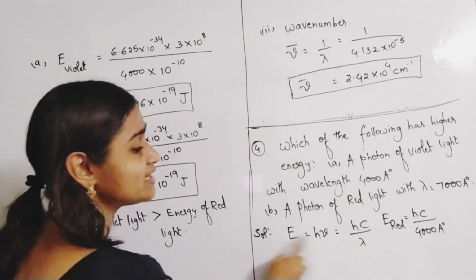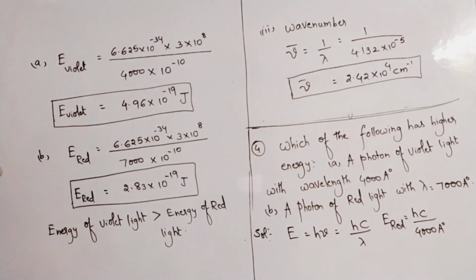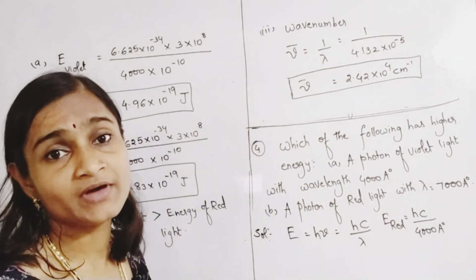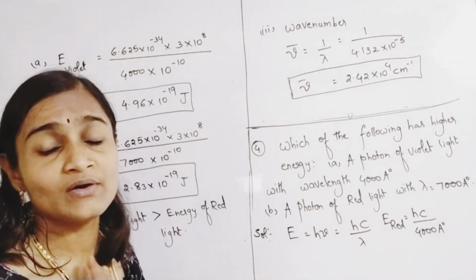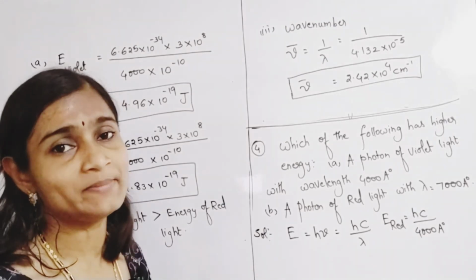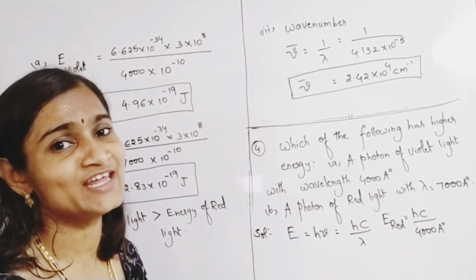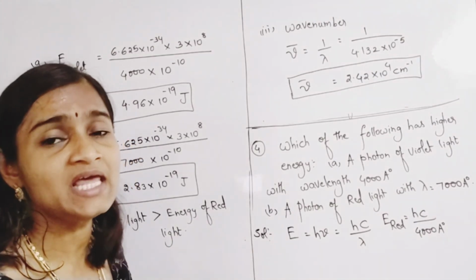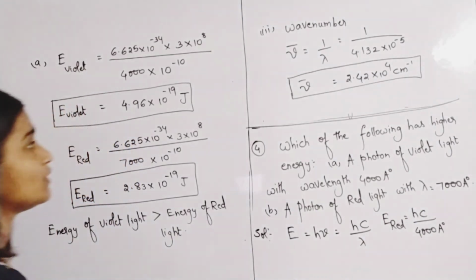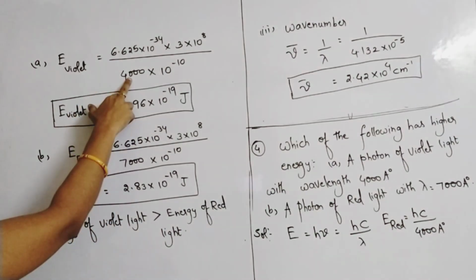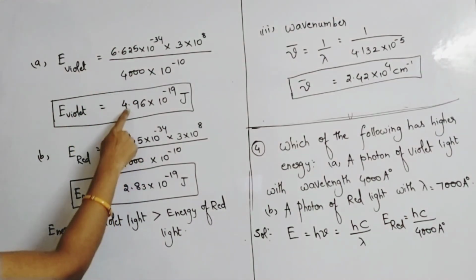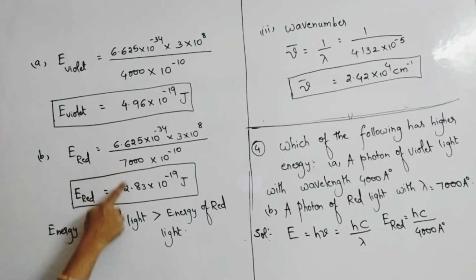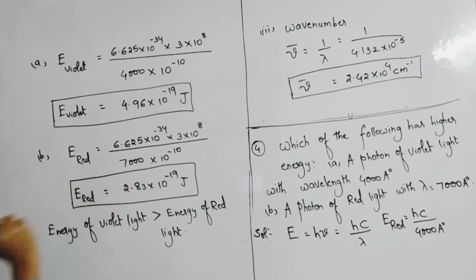Energy and wavelength are inversely proportional: if energy is more, wavelength will be less; if wavelength is more, energy will be less. So violet has less wavelength and more energy, 4.96. Red has more wavelength and less energy, 2.83.